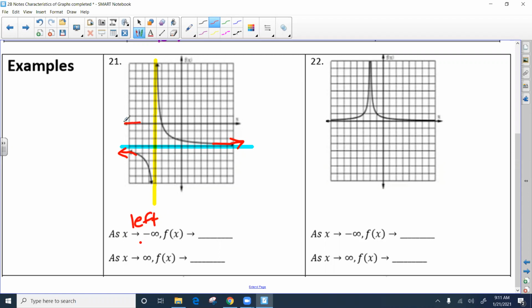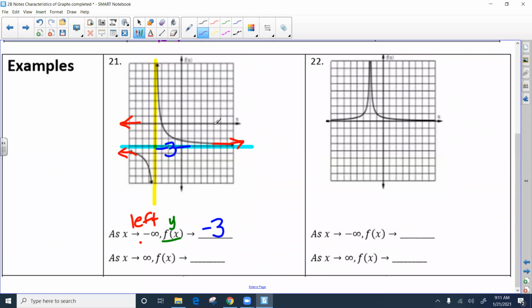As we go towards the left on the x-axis, the outputs, remember f of x is the y values or outputs, here, the y values are approaching this line. This line has a y value of -3. So f of x approaches -3 as we go to the left.